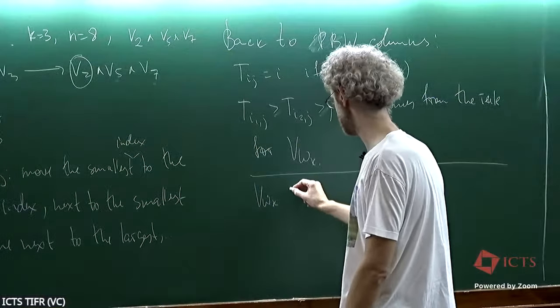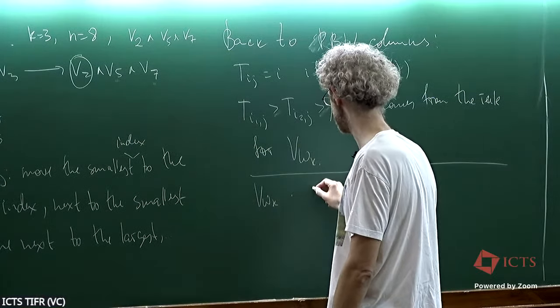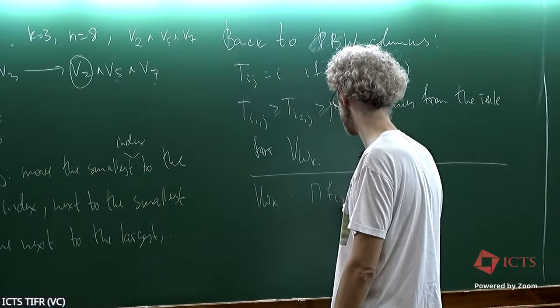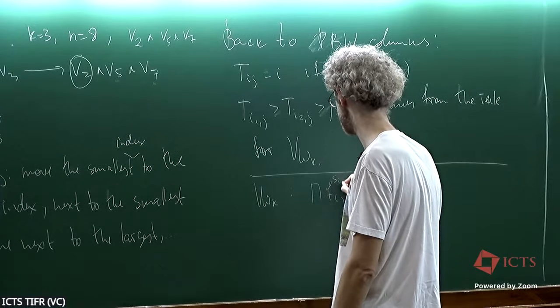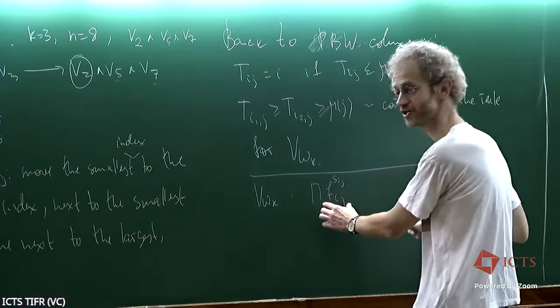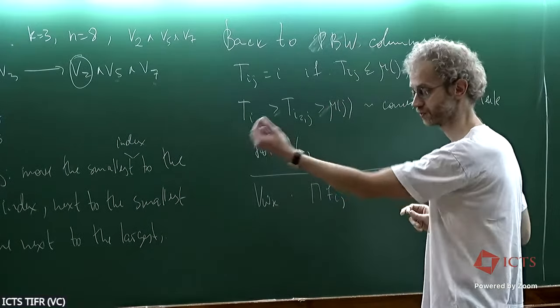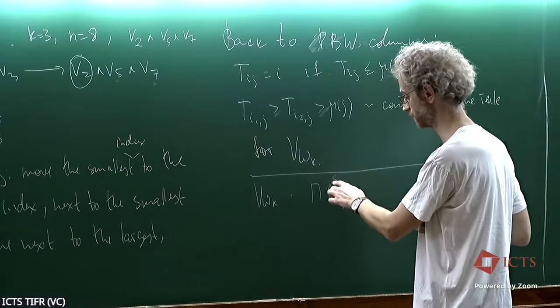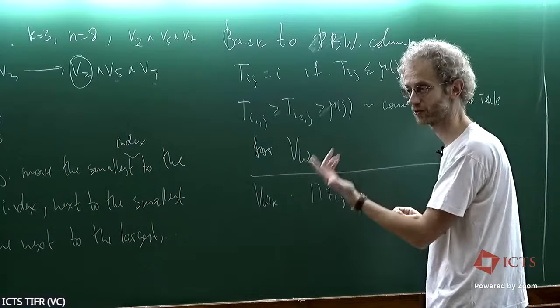Yeah, I can say, so the idea is as follows. So we have this V omega k. So we are giving a basis. So the basis is of the form product of Fij to some powers Sij. Right, so each Fij is a change from one V to another V. So for fundamentals, we don't need, so these powers are 1 or 0, right?